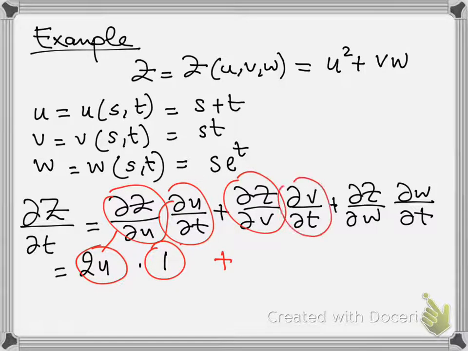Now, partial z, partial v. So you derive with respect to v, so then u and w are constant. So first you have u squared. U is a constant, so u squared is a constant, derivative of a constant is 0, plus, and then you can apply a product rule here. Derivative of v is 1, so 1 times w plus v times derivative of w, but w is constant, so that's 0.